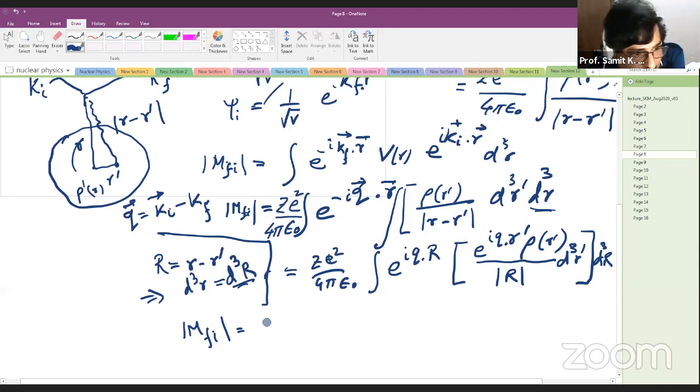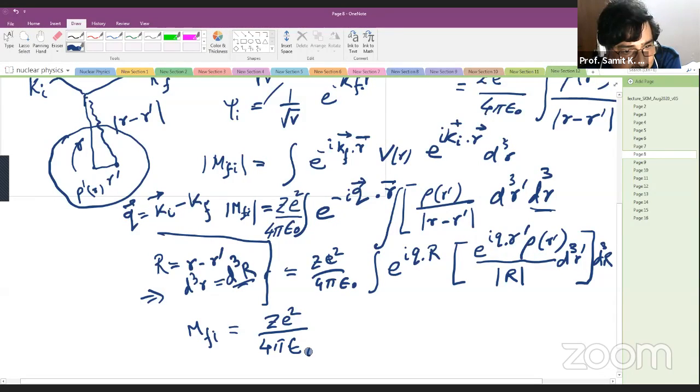Otherwise, every time I have to write the mod. So my matrix element is then equal to Z squared e squared over 4 pi epsilon 0.